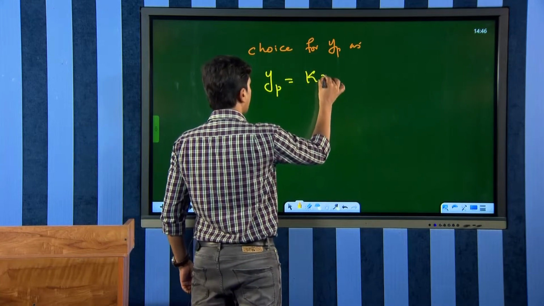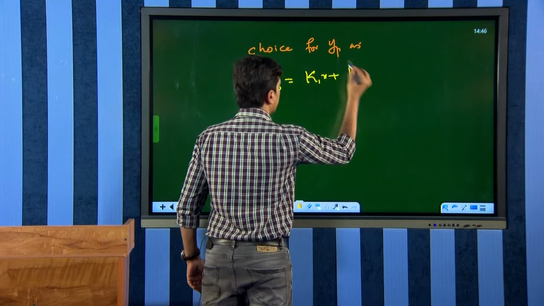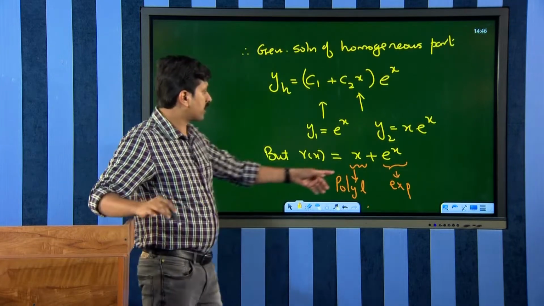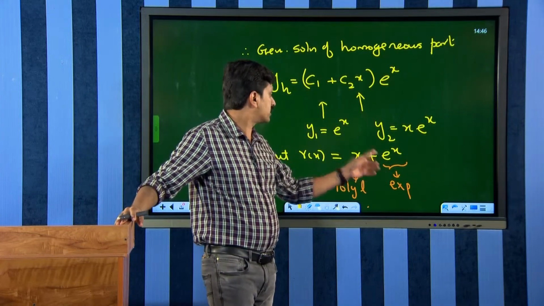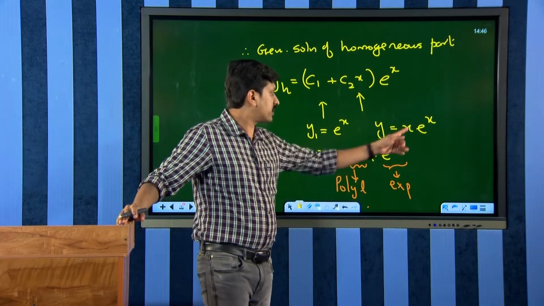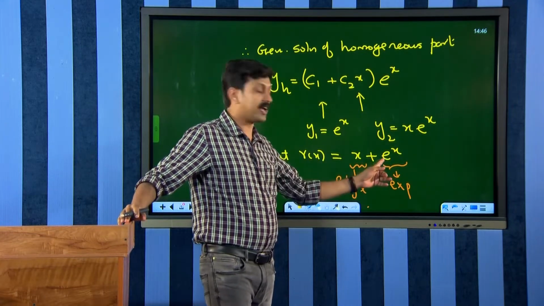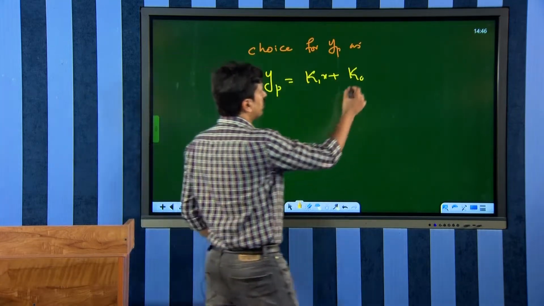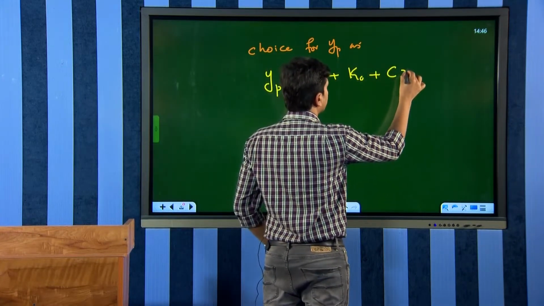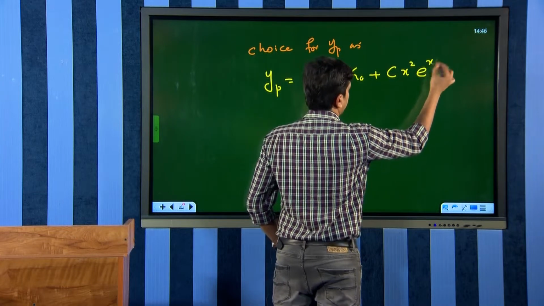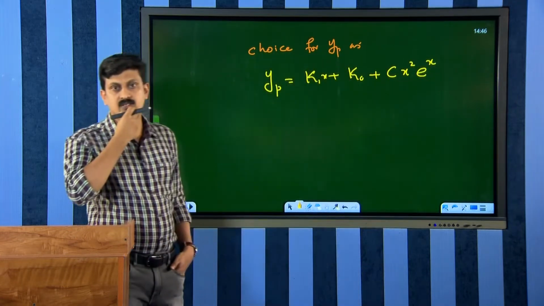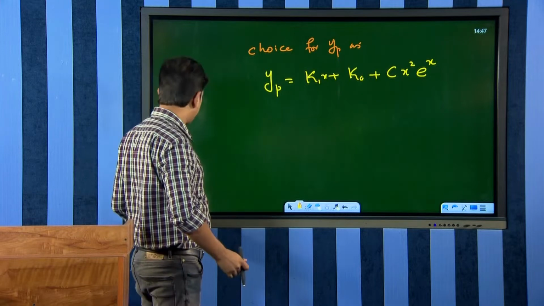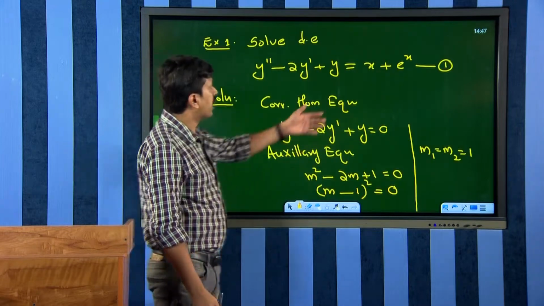And also, as we already discussed, e raised to x is impossible and x e raised to x is impossible, therefore x square e raised to x. So yp is equal to k1x plus k naught plus c x square e raised to x. We have to apply all this to our equation 1.